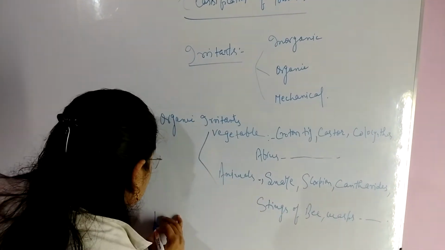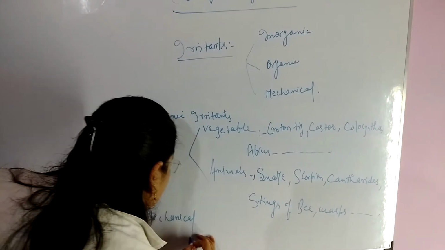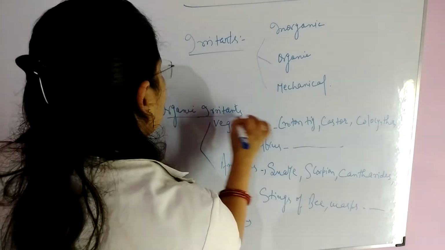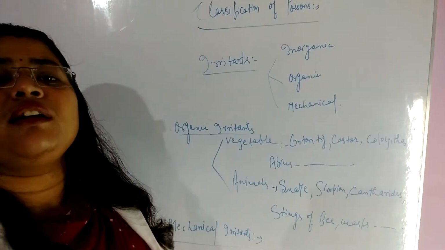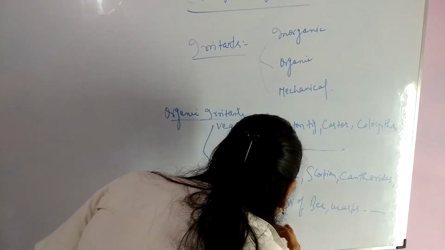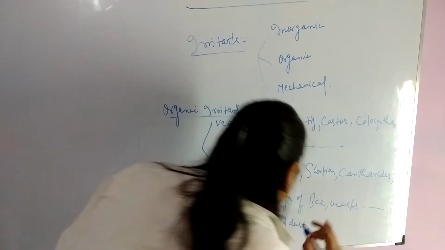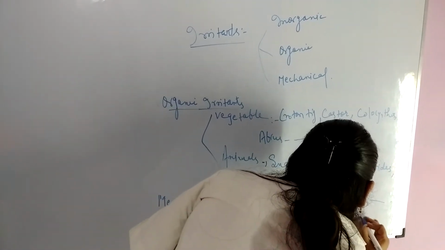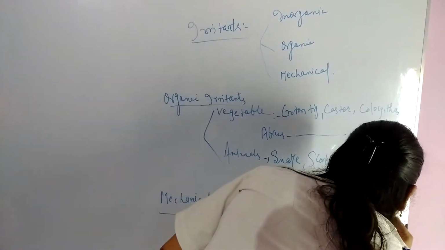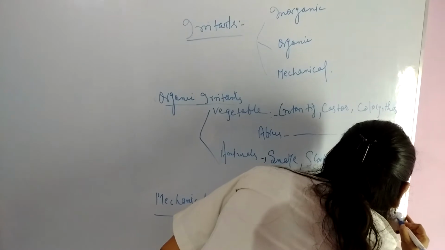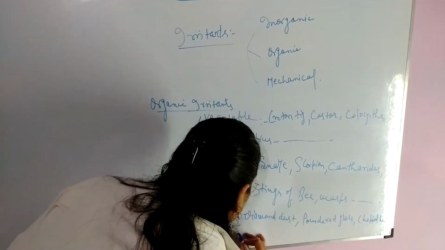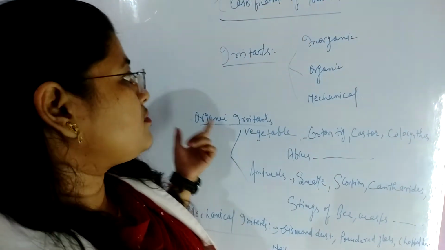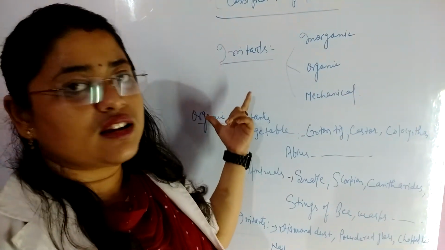Mechanical irritants include poisoning by diamond dust, powdered glass, chopped hair, nail, etc. So these are about irritants: inorganic irritants, organic irritants, mechanical irritants.